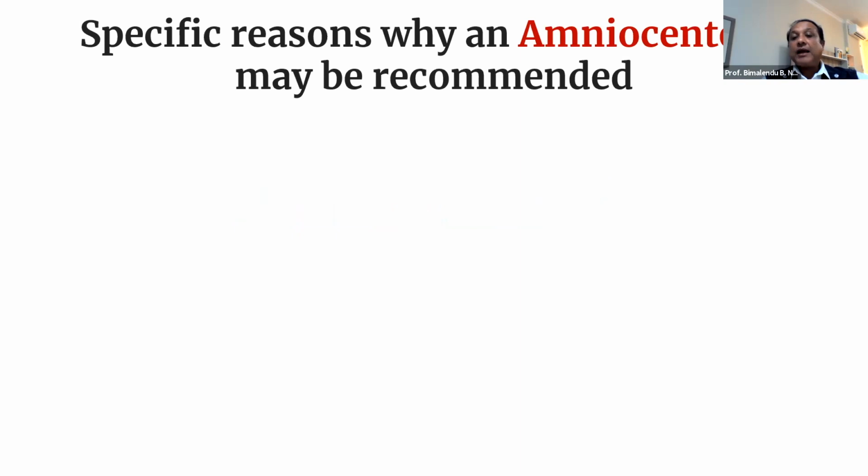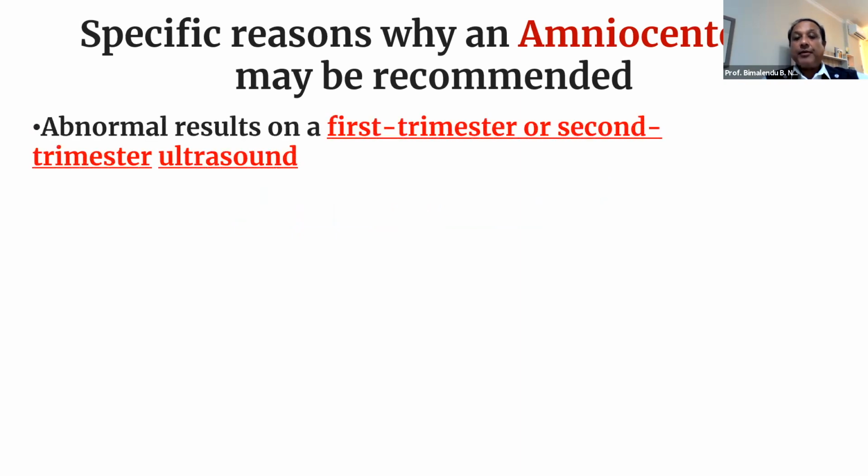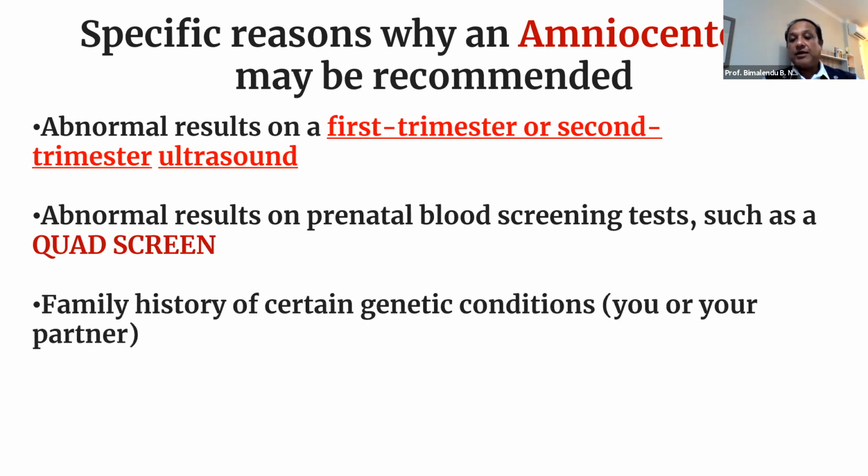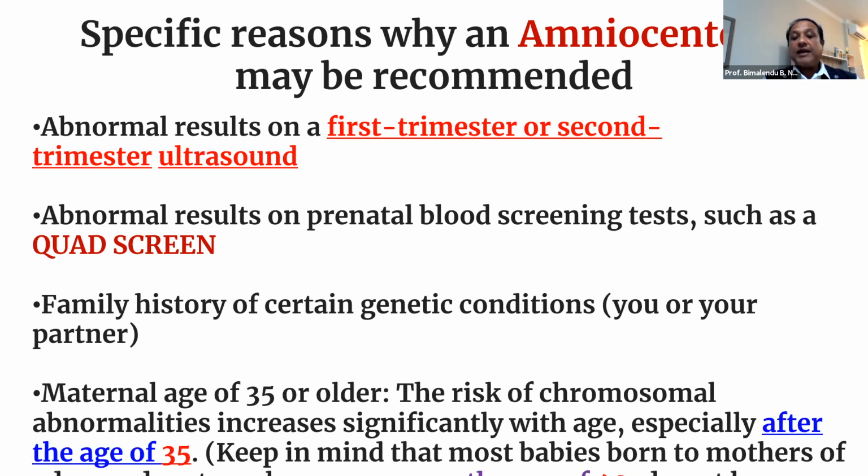Specific reasons why an amniocentesis may be recommended: the first or second trimester ultrasound shows something wrong, or abnormal results on blood screening tests such as the quad screen show something to worry about. Family history of certain genetic conditions, in you or your partner, shows that there can be a genetic disorder in the future generation. And maternal age of 35 or older, as the risk of chromosomal abnormalities increases significantly with age, especially after the age of 35.